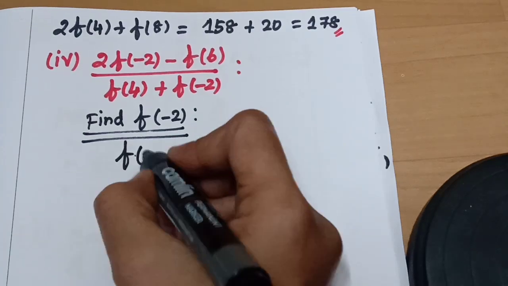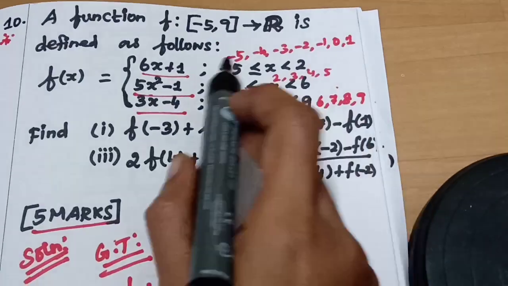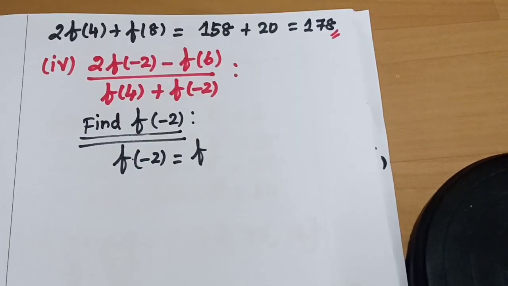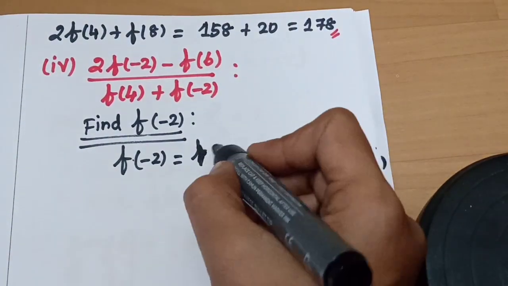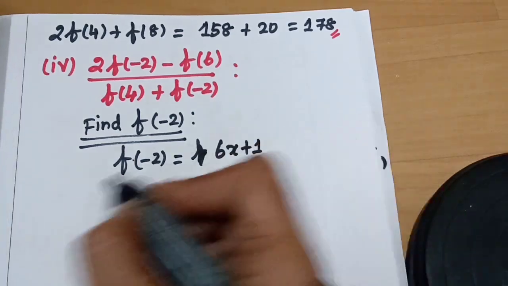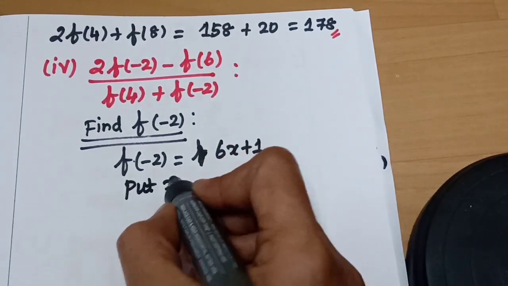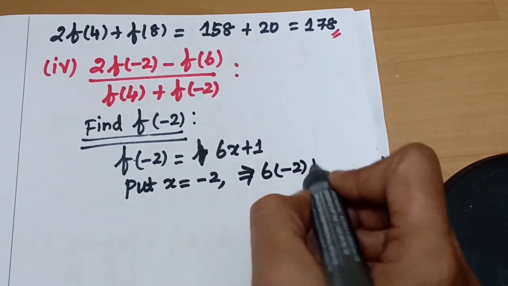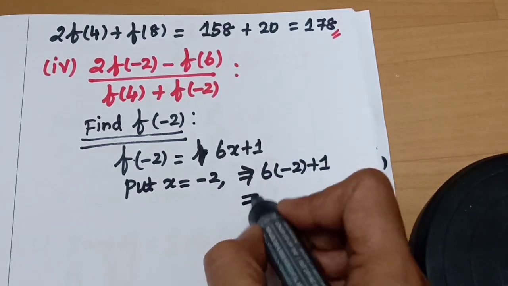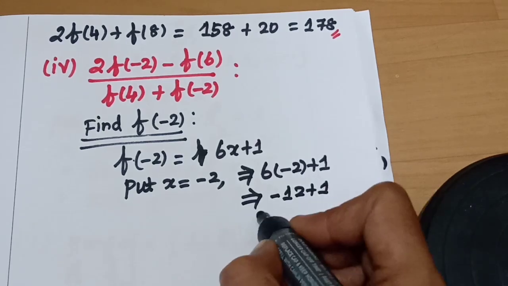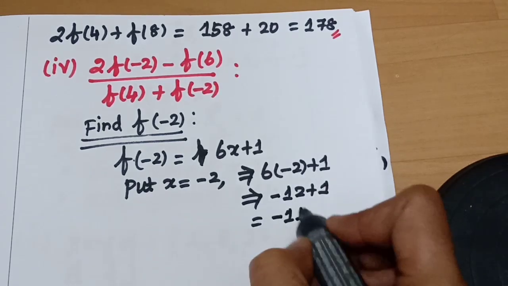First find out f of minus 2. Taking first limit, the function f of x equal to 6x plus 1. Put x equal to minus 2 implies 6 into minus 2 plus 1, minus 12 plus 1 equal to minus 11.